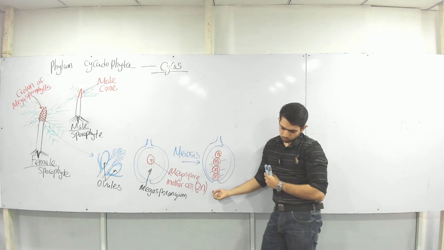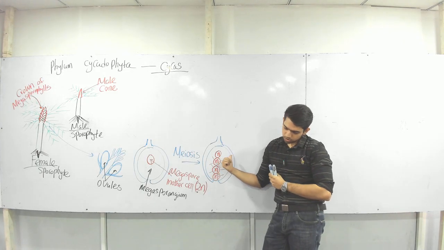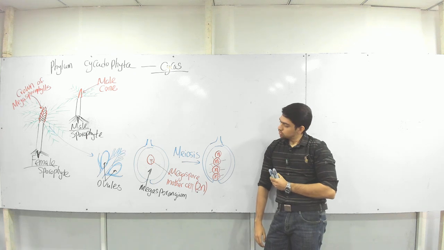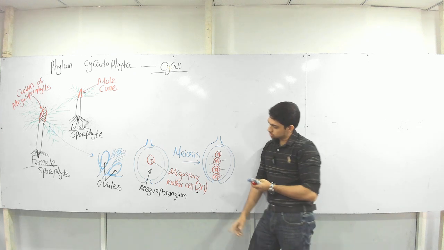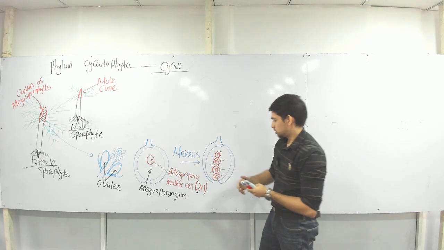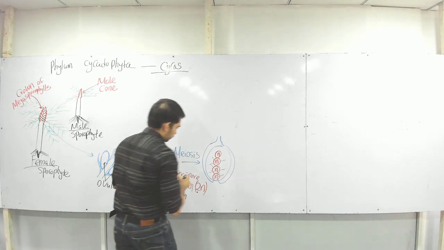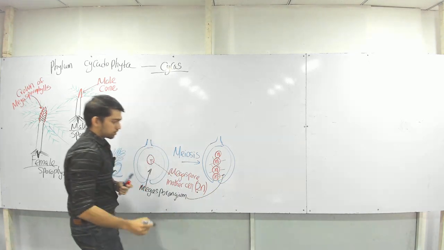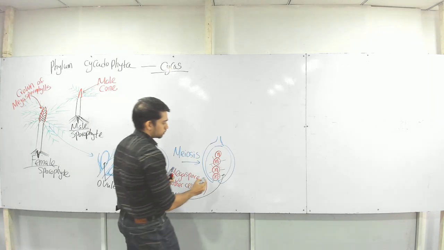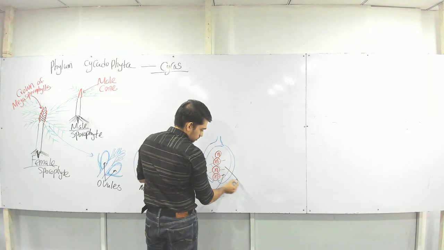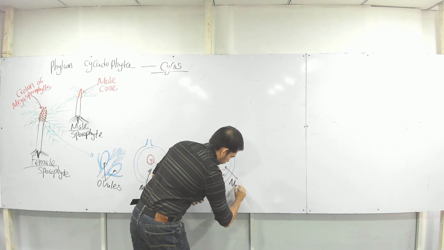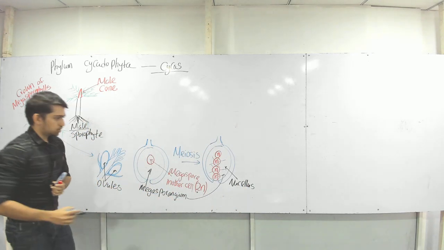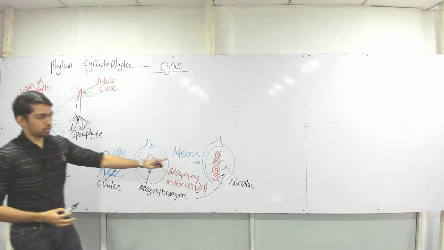So we are here. The remaining megasporangial tissue becomes the nucellus, right? So this is the megasporangium. So this megasporangial tissue here will be called what? Nucellus. New name. Because this ovule is gradually becoming what?